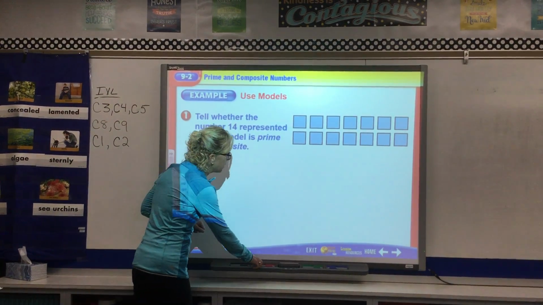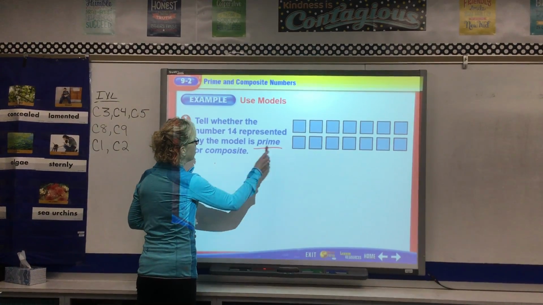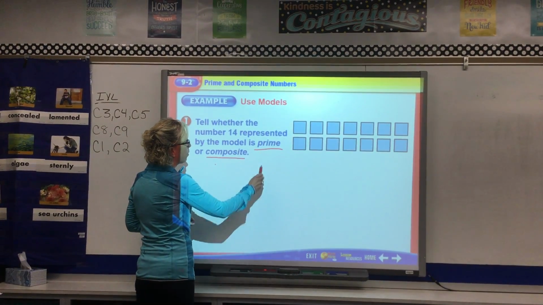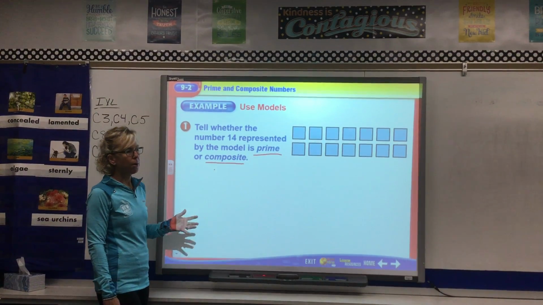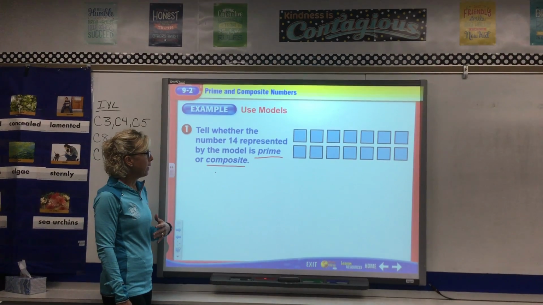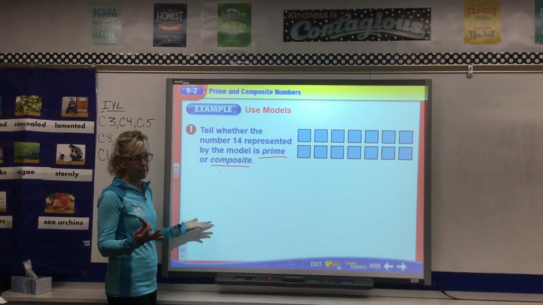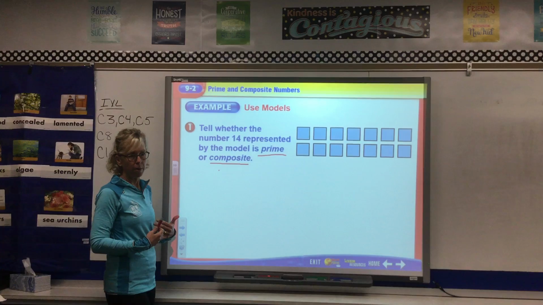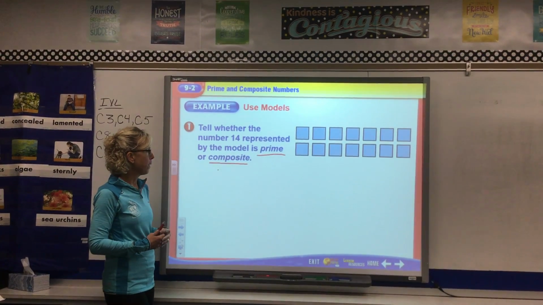Now, when you look at these two words, prime or composite, a prime number is a number whose only factors are 1 and itself. Sometimes I'll have my students stand up if their classroom number is a prime or a composite number.